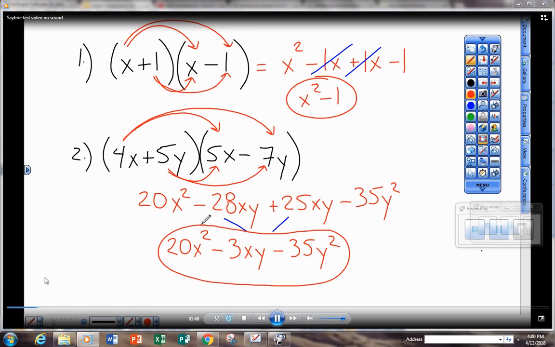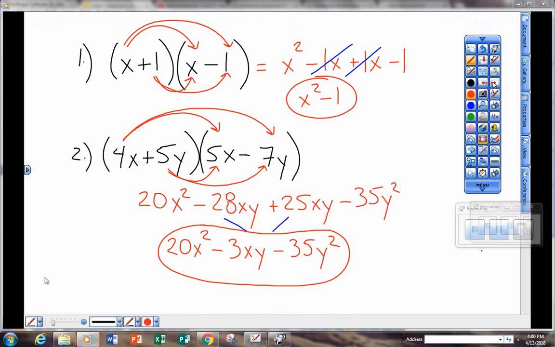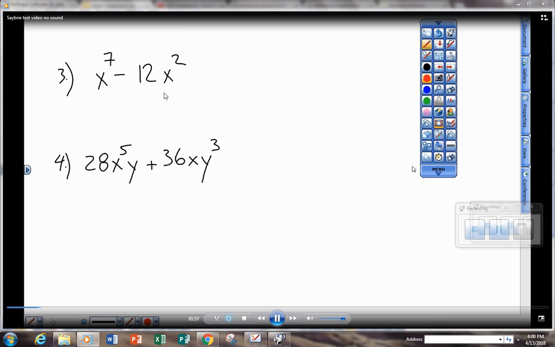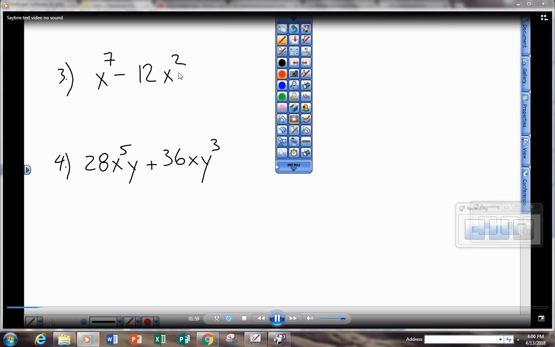Alright, number 3. 3 has you take out the greatest common factor. So if you remember, for this, it's going to be the x, and then the smallest power, that's what you're looking for. So x squared is the biggest thing. There's no plain number to take out, so it's just going to be x squared. And if you remember, you take that x squared and put it out front, and then you find the two things on the inside.